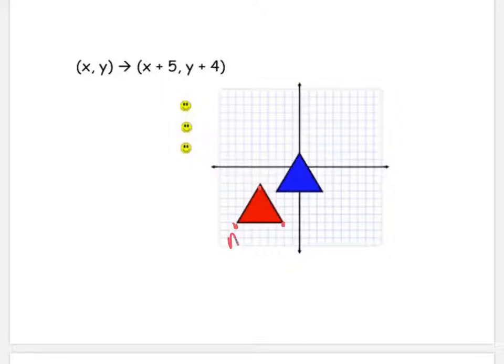And I'm going to label it A, B, C. If I'm looking at the location of points A, B, and C, I want the x and the y coordinates. So it looks like A is at 1, 2, 3, 4, 5, 6, 7, 8. So -8.